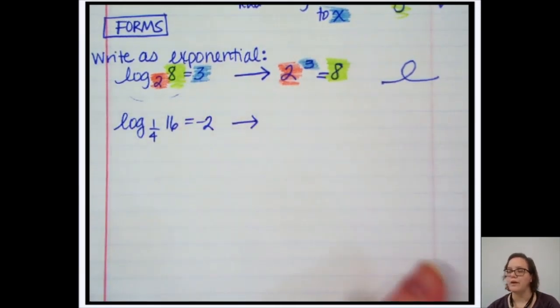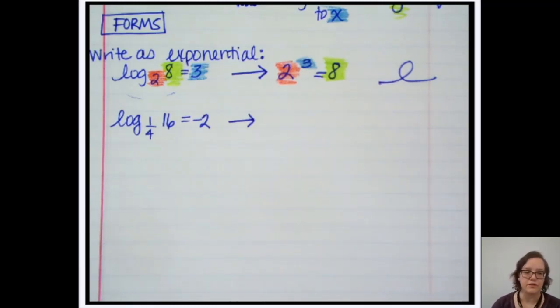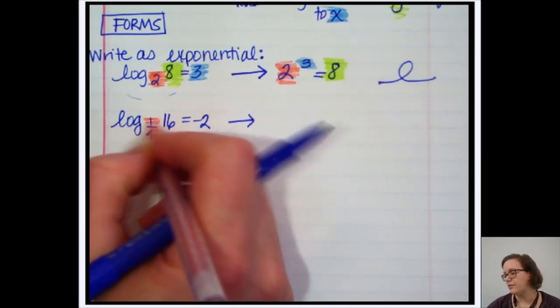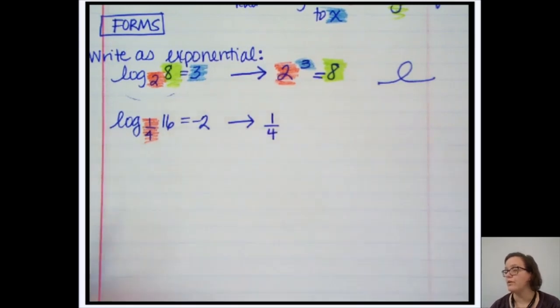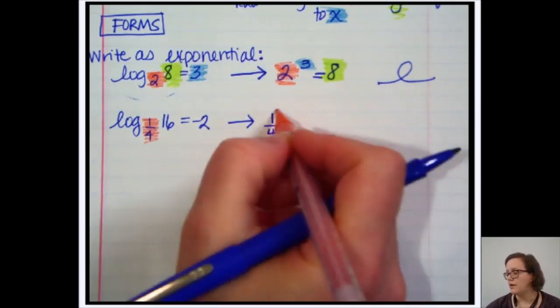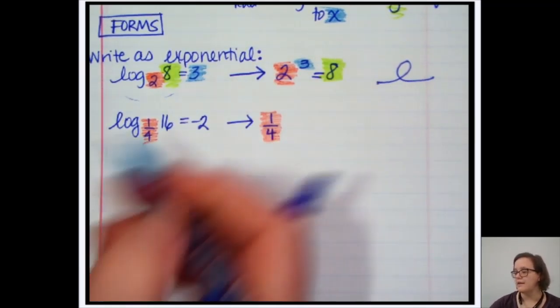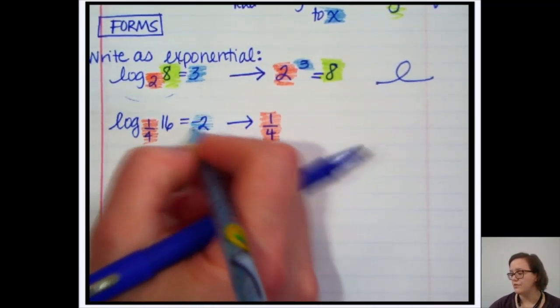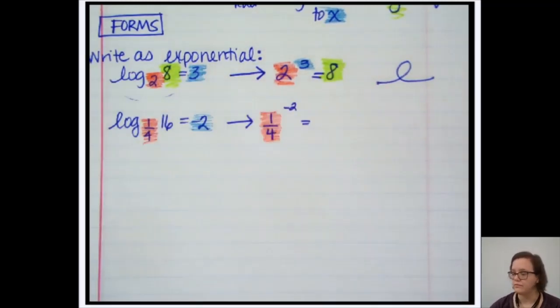So we want to write it as an exponential. What was the first thing we needed as the exponential? We needed our base. And remember, our base is our subscript here. So we have 1/4. And then an exponential needs an exponent, and that is our -2. So we have 1/4 to the -2.